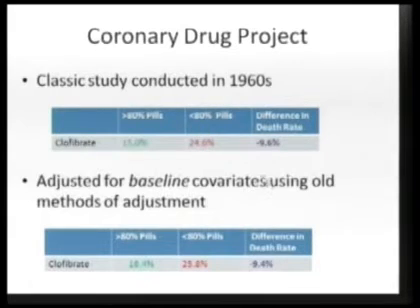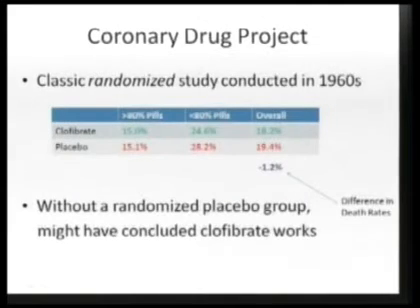Yesterday I learned that the p-value here was a bit smaller than it was here, but still very strong in each case. And as you know, this is a randomized trial, so when you compare the randomized group, there's nothing really going on. And so you could say without a randomized placebo group, you might have gotten the wrong answer. Now, there's an important comment made yesterday that basically the adjustment that was done for the coronary drug project was for clinical and physiological measurements.